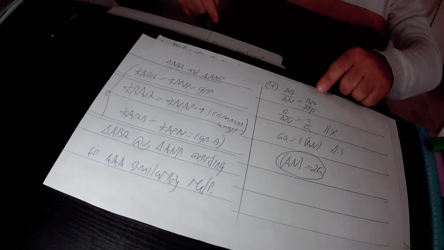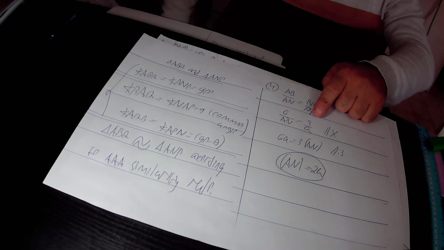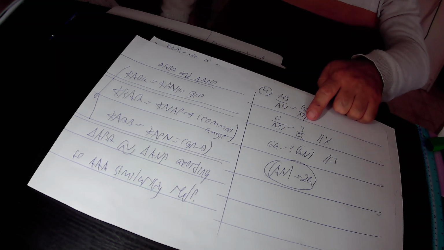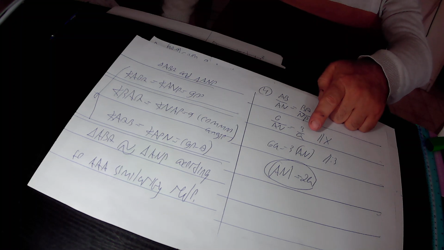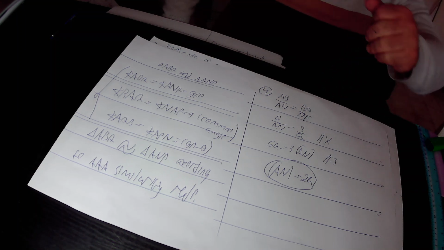So in conclusion, 6 over AN equals 3 over A. Here we cross multiply and find that 6A equals 3 times AN. We divide this equation by 3 and find that the missing side AN equals 6A over 3, and 6A over 3 is 2A.